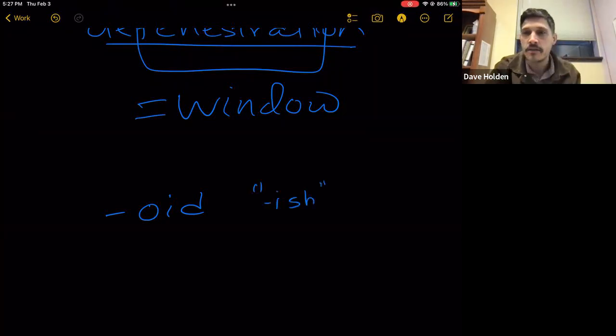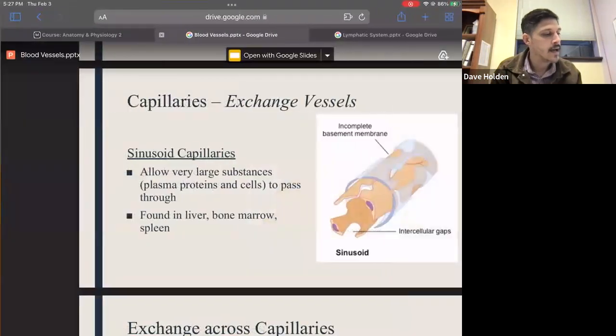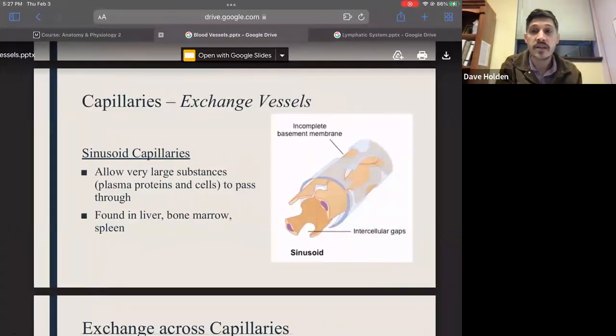It means ish, of, or resembling, or kind of related to, but not quite exactly. So a sinusoid capillary is a capillary with sinuses, with holes, much larger holes than those pores we saw in the window.